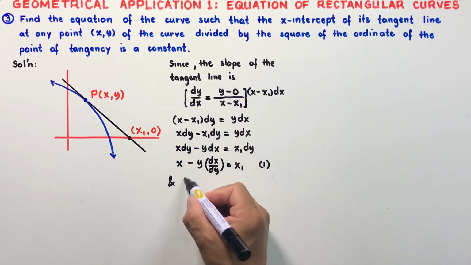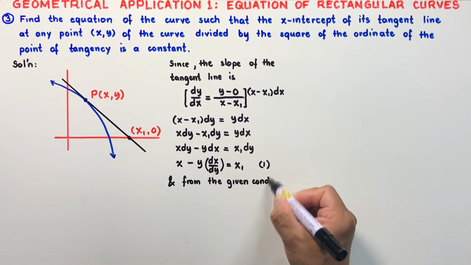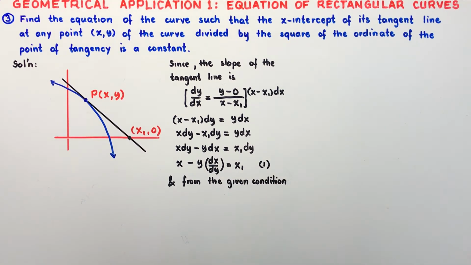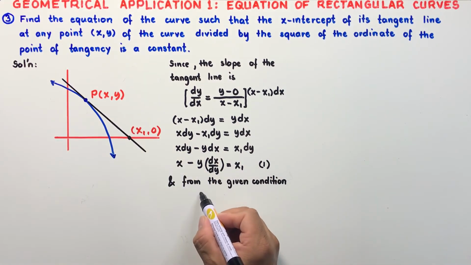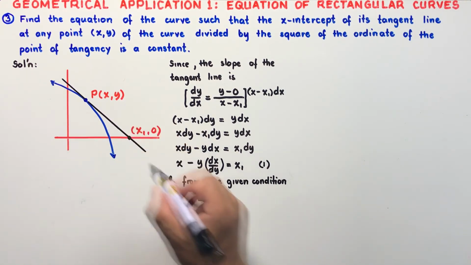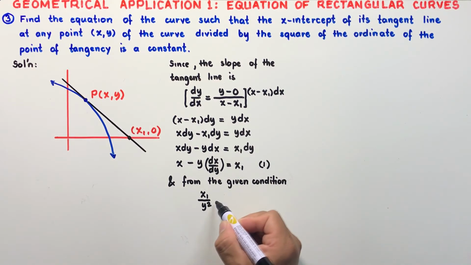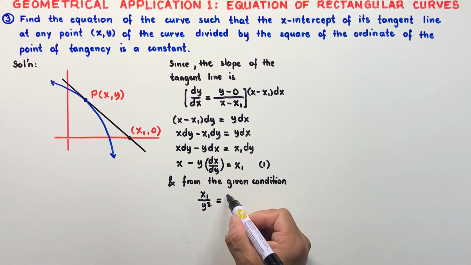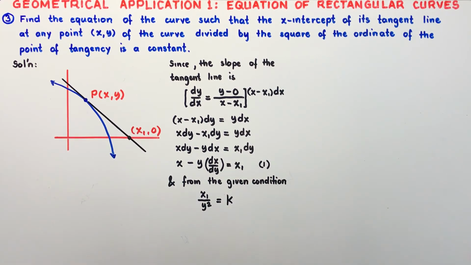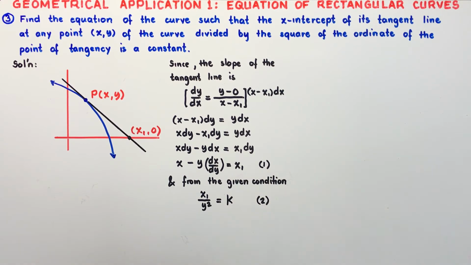But we are also given from the condition in the problem that if we divide the x-intercept, which is x sub 1, by the square of the ordinate of the point of tangency, which is y, we have x sub 1 divided by y squared, and this quotient is a constant. So we set this equation as our second equation.